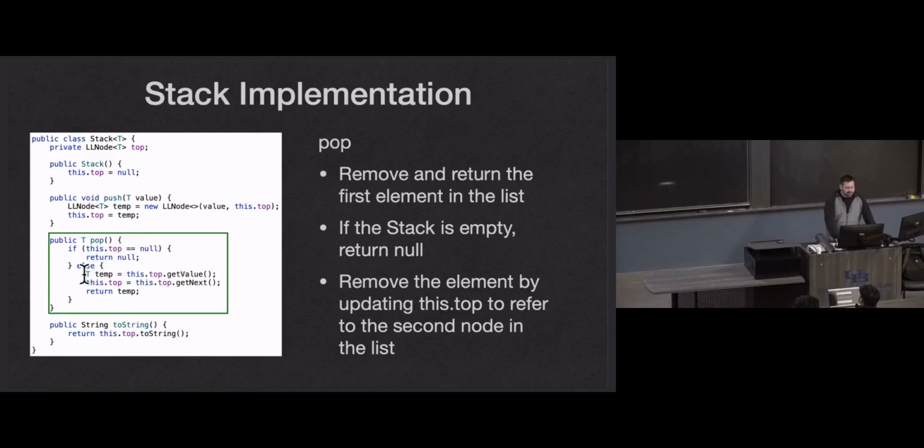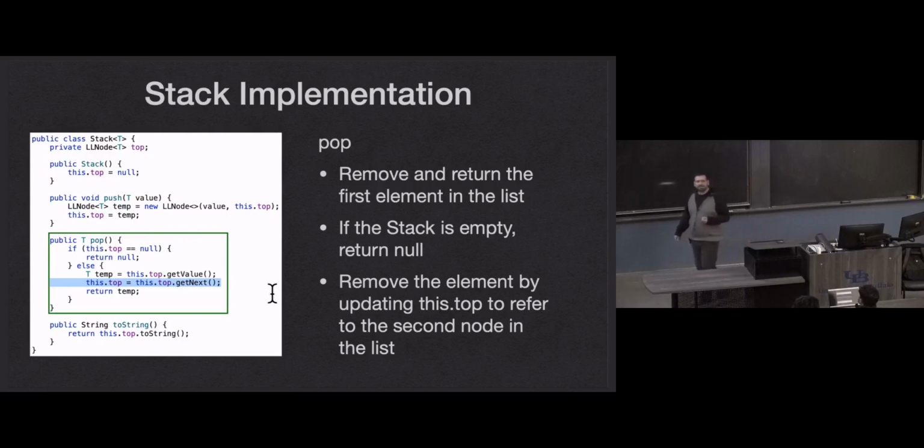If the stack is not empty, we're going to grab the value at the top node. That's going to be the value that we're going to return to the user. And before we return, we're going to update top to be a reference to the second element in the list.